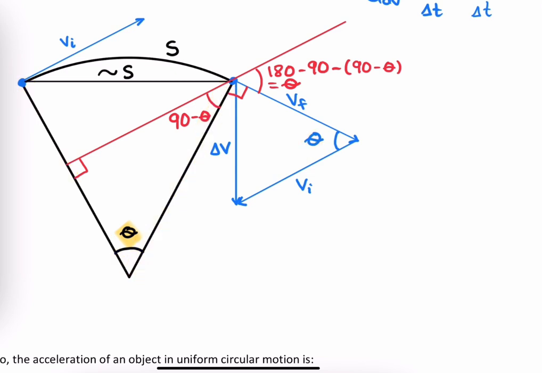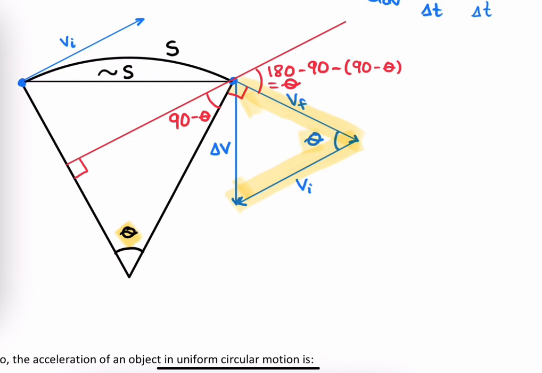So that means that these two angles have to be the same, since these two sides are the same. And these two angles will have to be the same, since these two sides are the same.